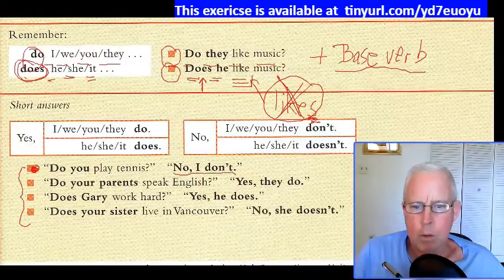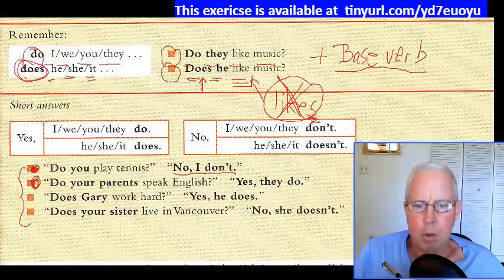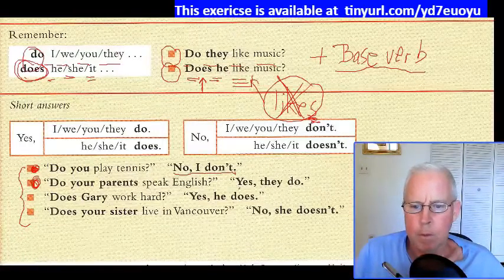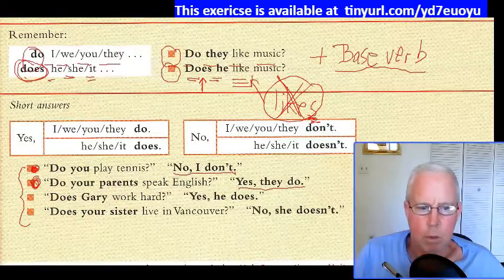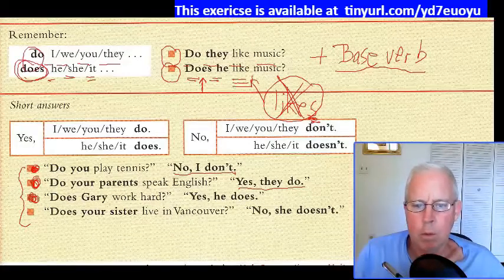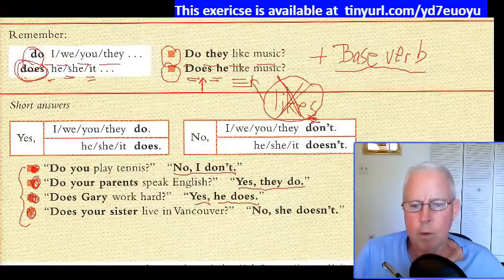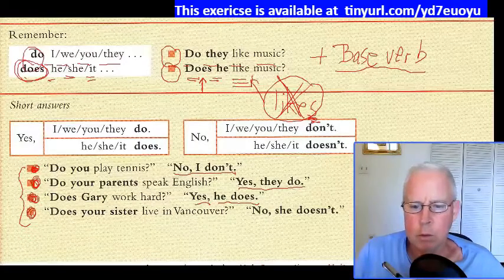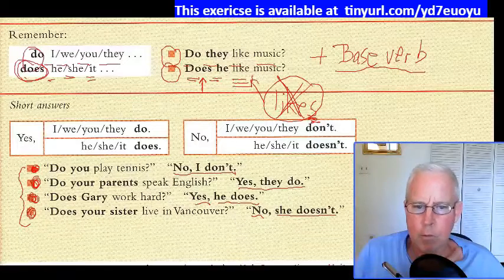Short answer, no, I don't. Do your parents speak English? Short answer, yes, they do. Does Gary work hard? Yes, he does. And does your sister live in Vancouver? No, she doesn't.